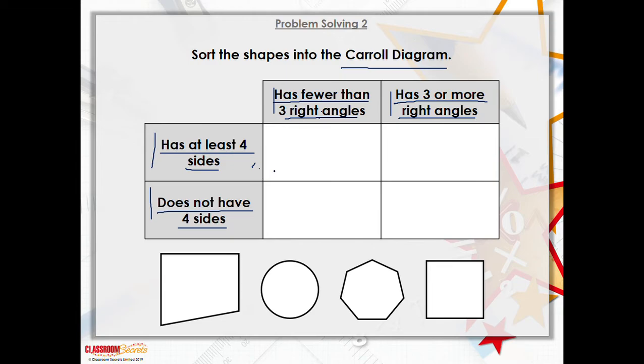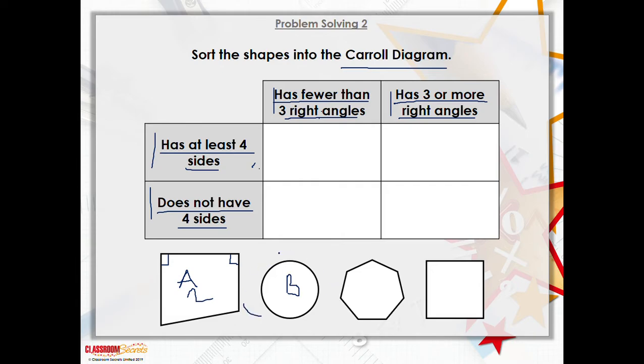Just like the last problem, the first thing we should do, because we're investigating right angles, is to label all the right angles. So if you go to shape A, I can see immediately there's 1 here and there's 1 there. So this shape has 2. Shape B is a circle.